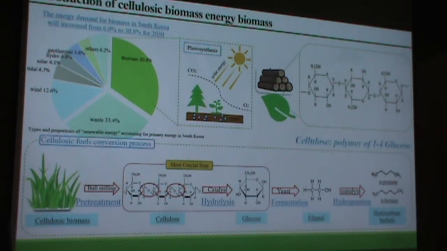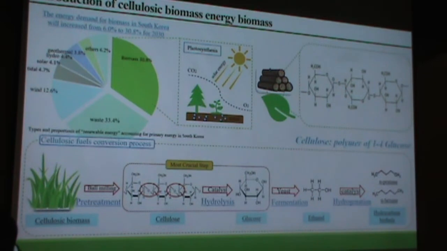But we all know that the structure of cellulose is very rigid due to the enormous amount of hydrogen bonds and the glycosidic bonds between the glucose monomers. So how to develop an efficient catalyst to increase the hydrolysis of cellulose to reducing sugar units is very difficult for further upgrading.